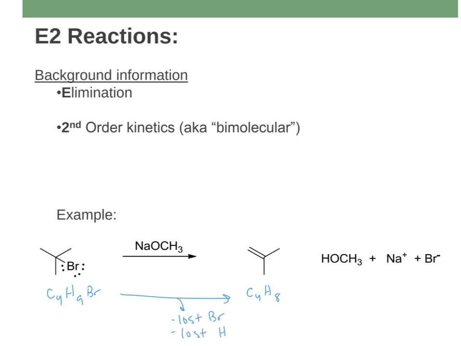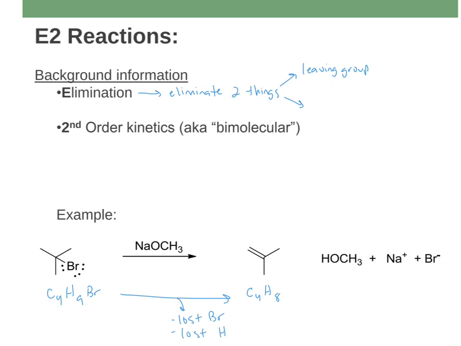And so when we're looking at these eliminations, what you're always going to see is that you eliminate 2 things. One is going to be the leaving group, which is perhaps not a surprise. They're called leaving groups. They're going to leave, right? So anything that's going to come off and be really stable, so really weak bases, things like that. And the other thing that you're going to lose is a hydrogen. But it's not just any hydrogen.